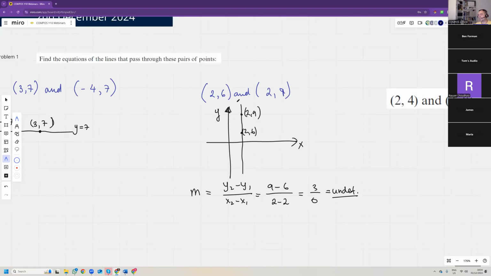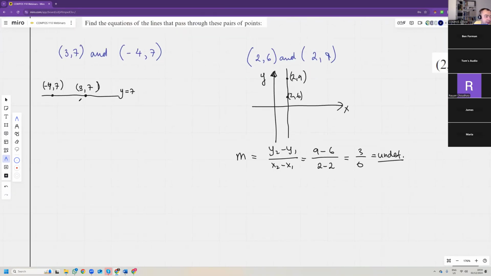Or we say it has an undefined gradient. Oh, the horizontal line is y equals 7.